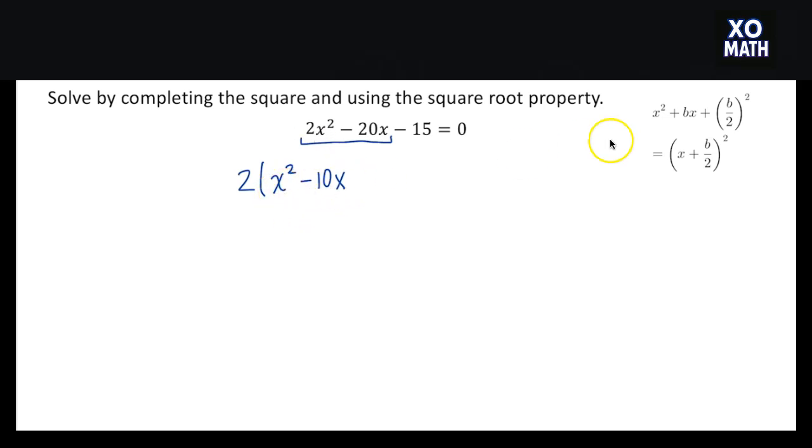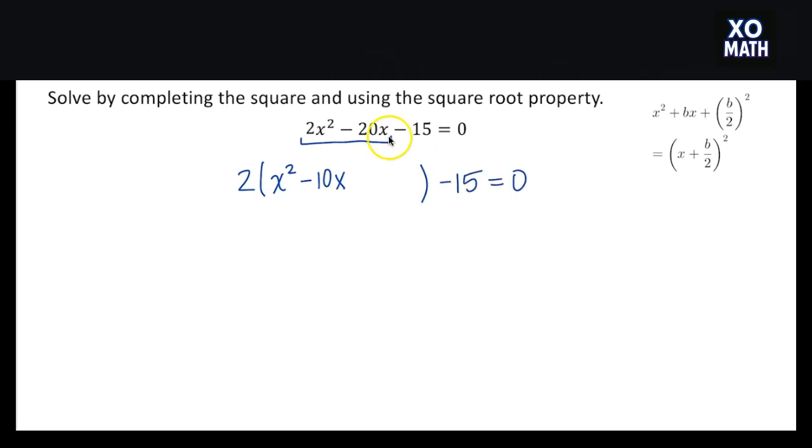Now I'm going to need to add at least one term here, so I'm going to close my parentheses and leave some space. I don't want to forget about the minus 15, so I bring that down and put minus 15 equals 0.